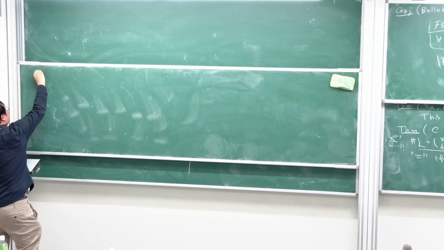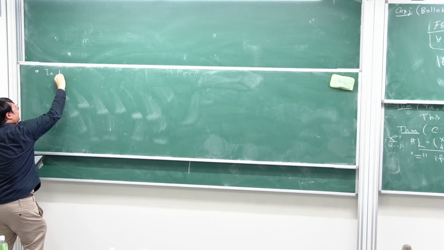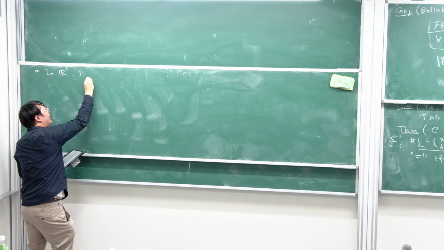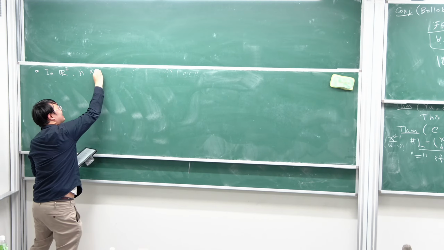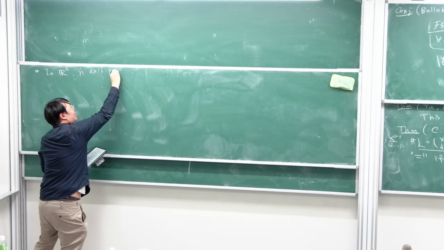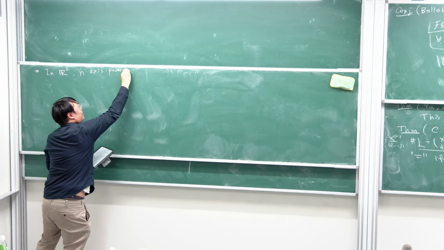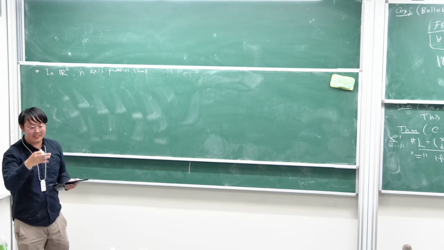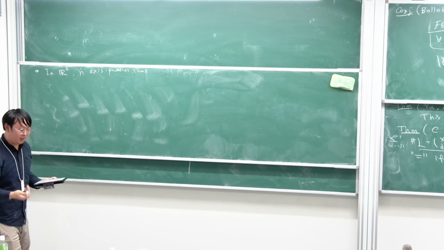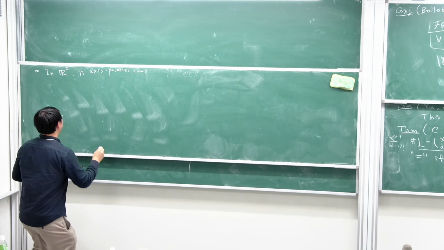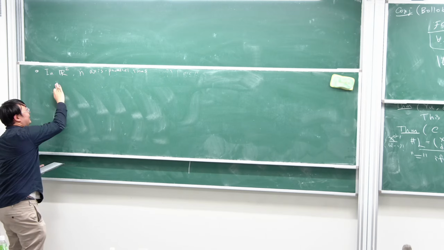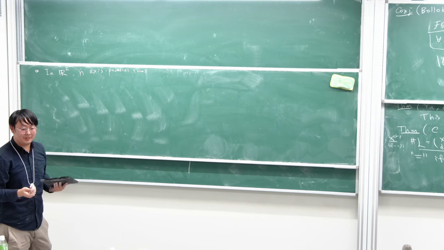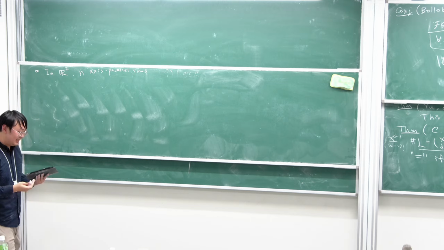I'm going to prove that in R2, if you have n axis-parallel lines, that means all the lines are either horizontal or vertical. In two-dimensional space, a joint is just a two-way intersection point.